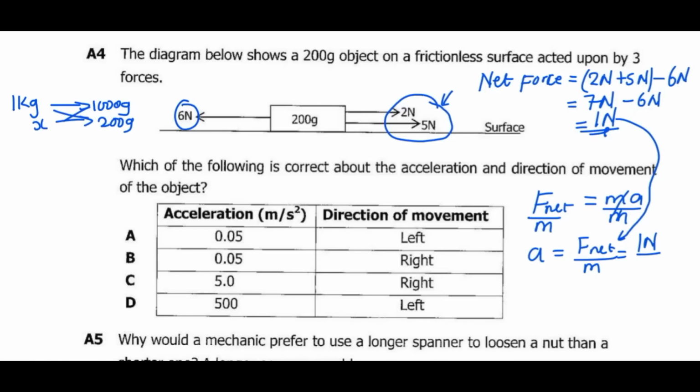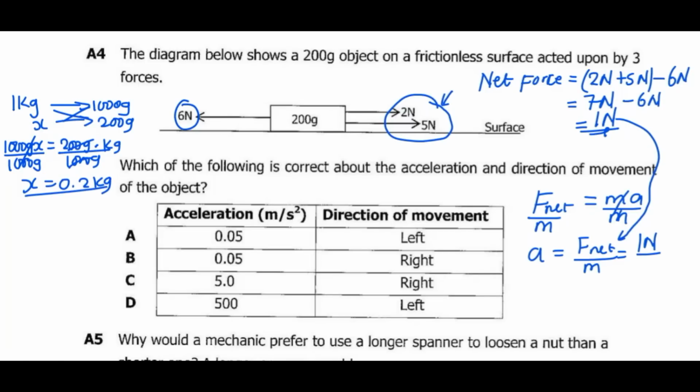We cross multiply: 1,000 grams times x gives 200 grams kg, so we divide by 1,000 grams. So we can see that this will give us 0.2 kg.